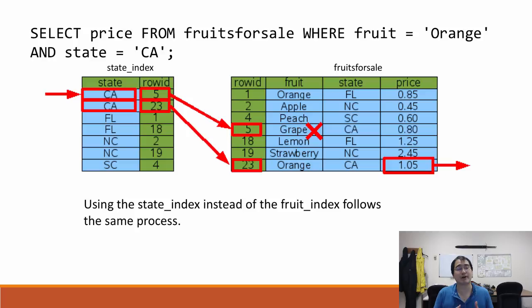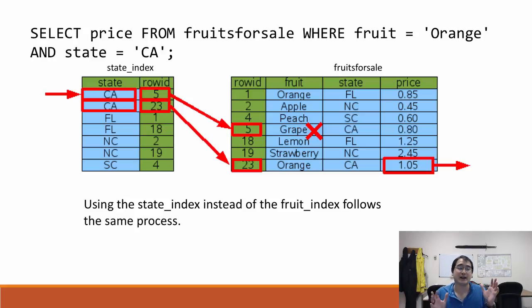And so we could actually go to our previous query, and instead of using the index on fruits, we can use the index on state and say, hey, find me all of the rows that are sold in California, and then I can go and look those up, and before I report, I just need to make sure, oh, by the way, make sure your fruit is orange as well. And so the first one, I look up California 5, and I was like, oh, no, that's a grape, don't report it. And then I look up, oh, there's another thing that's sold in California, it's in row 23, and that happens to be an orange, that is what I report.